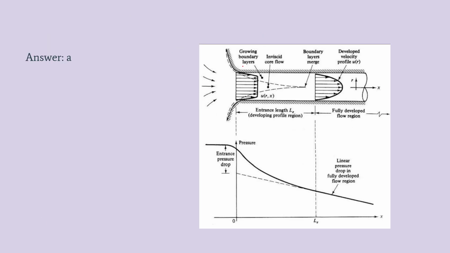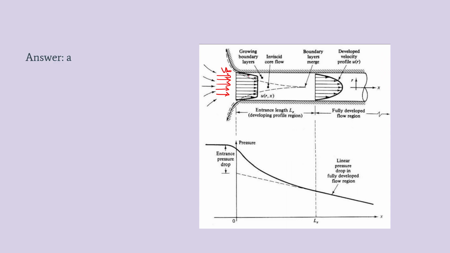So this is a flow inside a pipe. You can see here the velocity. If you assume a uniform velocity coming inside, the profile will be like this.